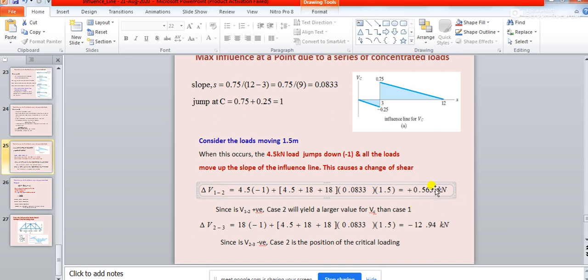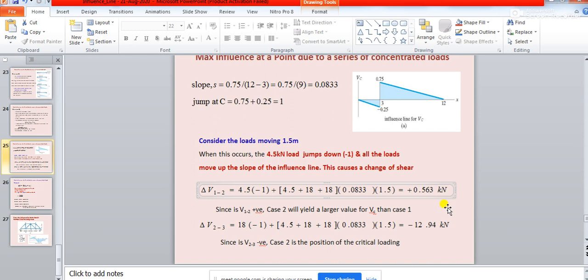So considering the position of the load at case 1 and the position of the load at case 2, as the value is coming positive, case 2 is going to give you a larger value of shear force than case 1. Okay. Now once you have calculated this delta V12 and you got a positive value, you should go for the next case.